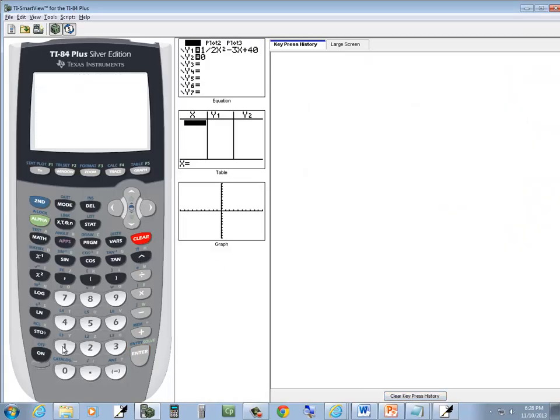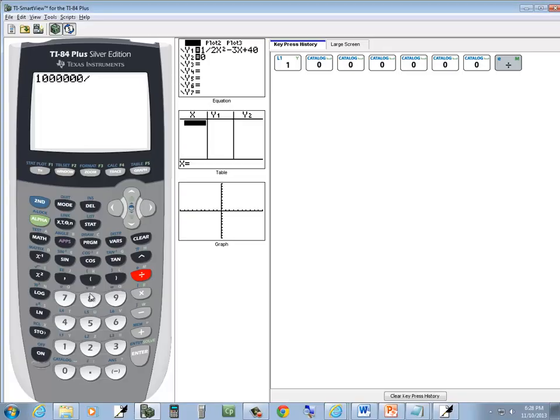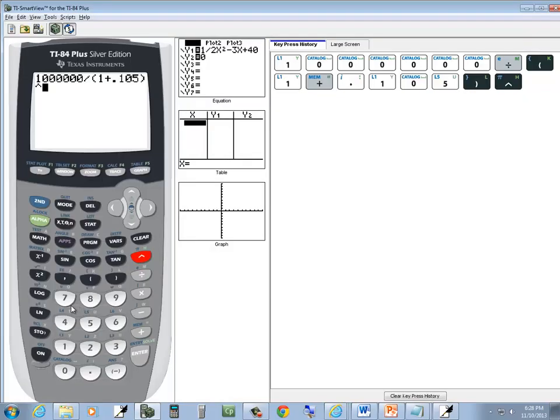So let's plug that in. We got 1 million divided by, beginning parentheses, 1 plus 0.105, close parentheses, caret 40.